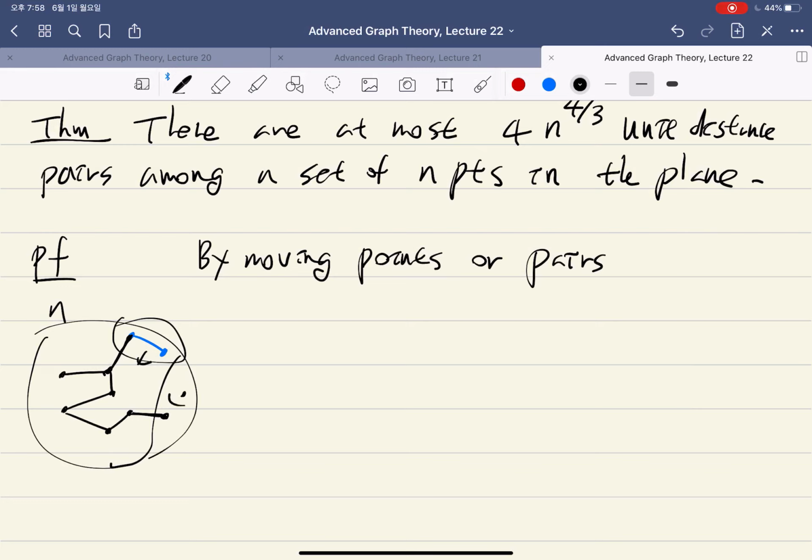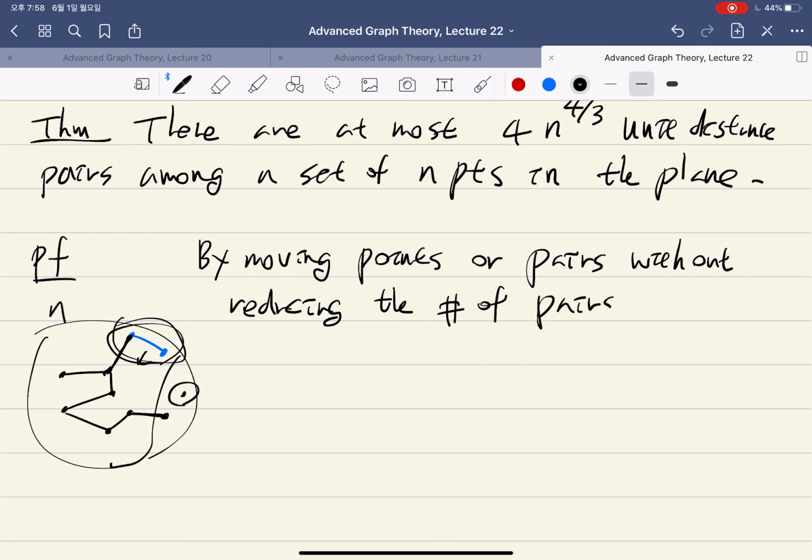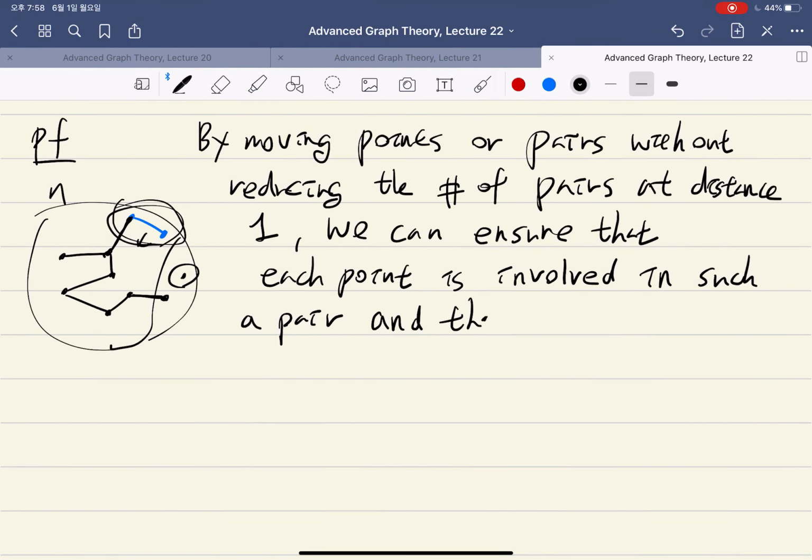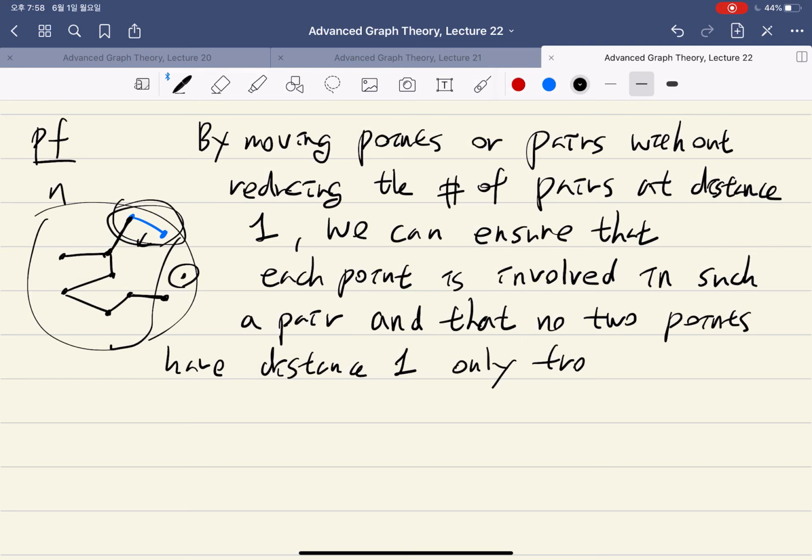So by moving a point or pairs without reducing the number of pairs at distance exactly 1, we can ensure that each point is involved in such a pair, and that no two points have distance 1 only from each other. So this we can ensure.